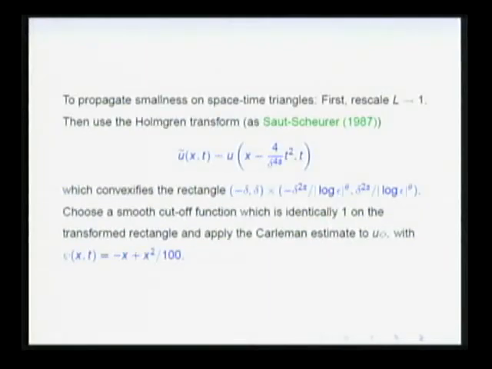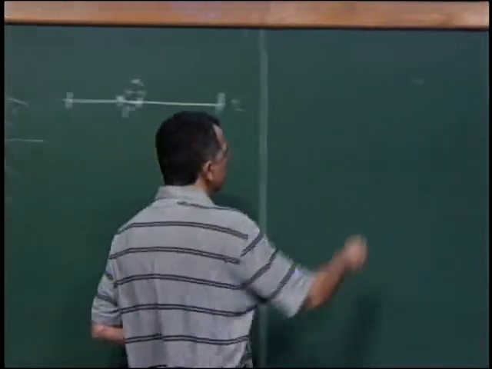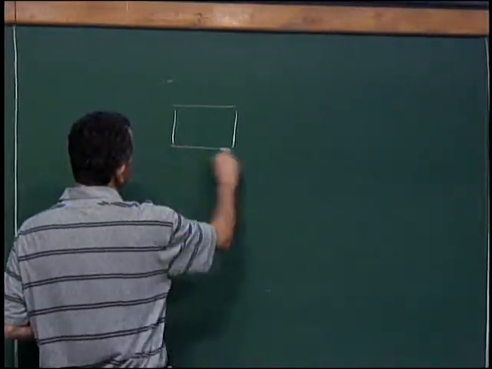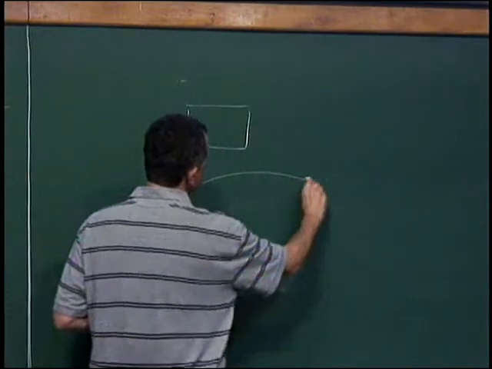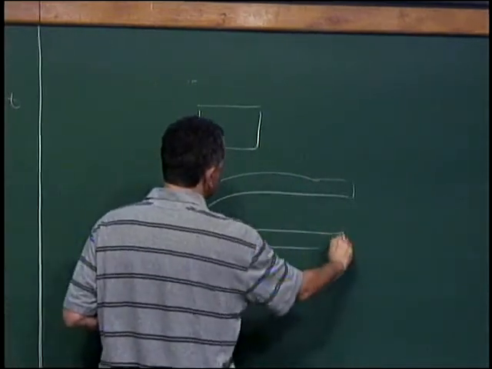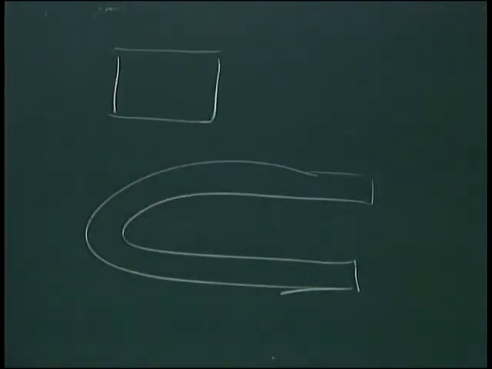So how do we get this from the Carleman estimate? The first step is, because you're only allowed to use convex weights, you need to convexify your set. So you start with this, where the function is small. You have to convexify it into some long, this kind of looking thing.